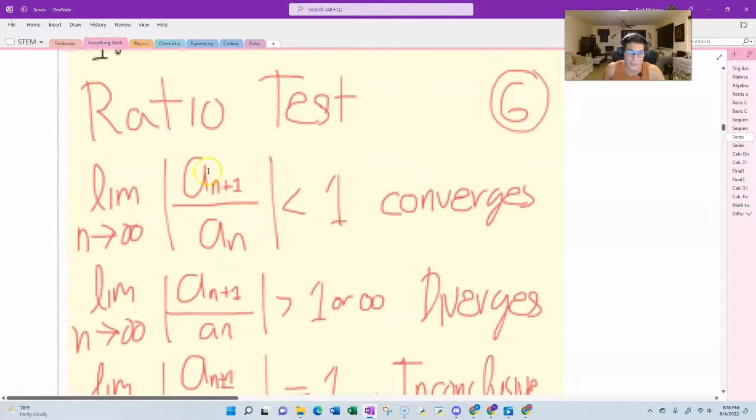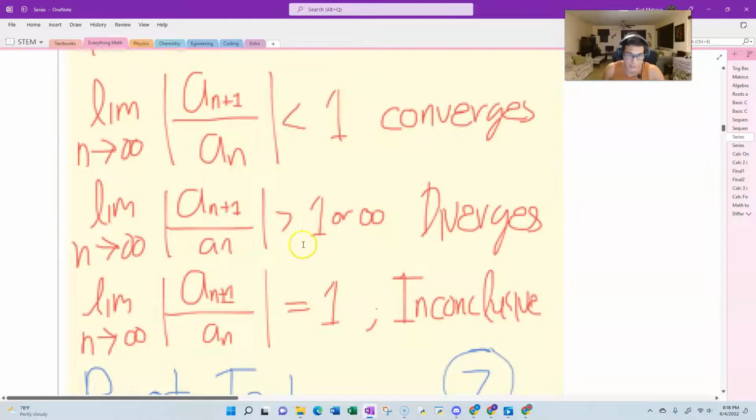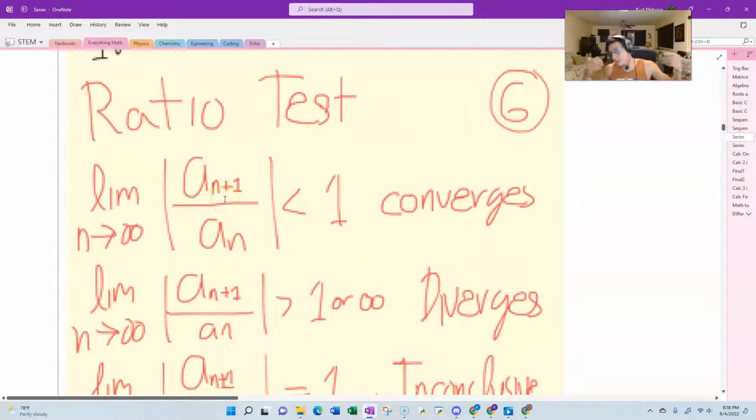I recommend doing the ratio test. I think it's one of the easier ones. Basically what we do is we see the series function, we call it a sub n, and then we take a sub n plus 1 divided by a sub n, take the limit, and see what happens.